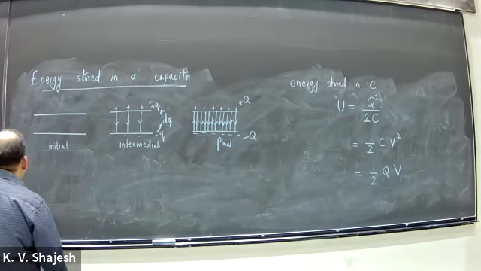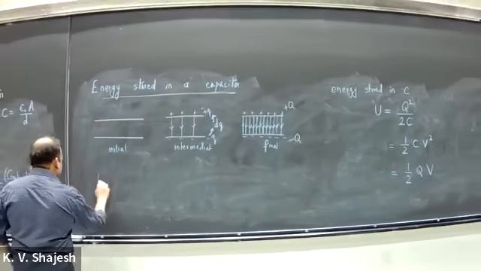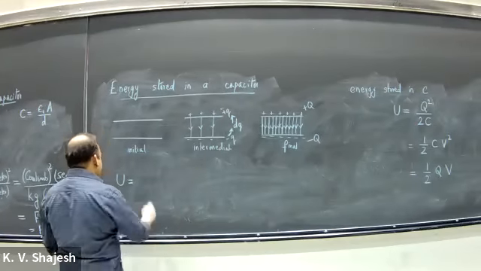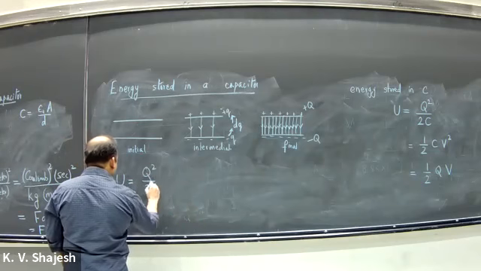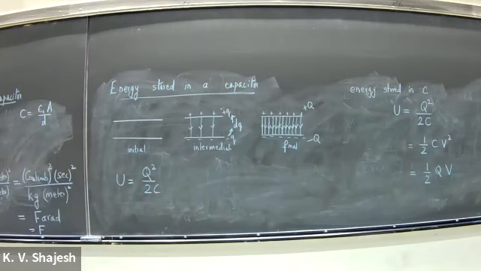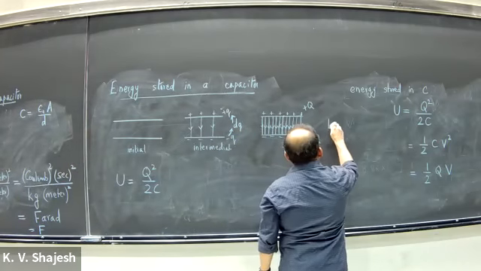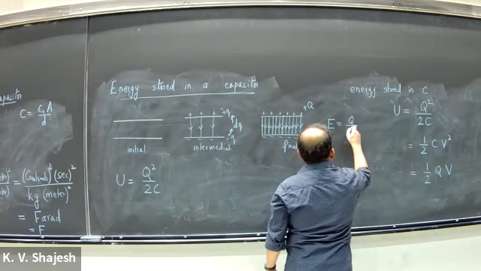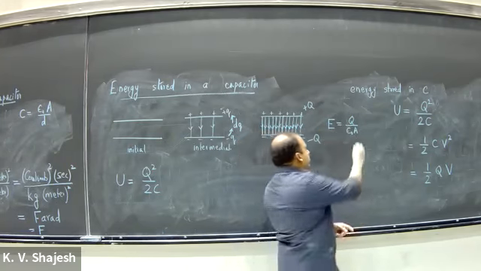Let's just rewrite that expression. U. So U is equal to, let me start from the first expression, 1 over Q squared over 2 times C. Remember, if I have a parallel plate capacitor, my electric field was Q over epsilon naught times A. It was sigma over epsilon naught, but sigma was, so this is nothing but sigma.